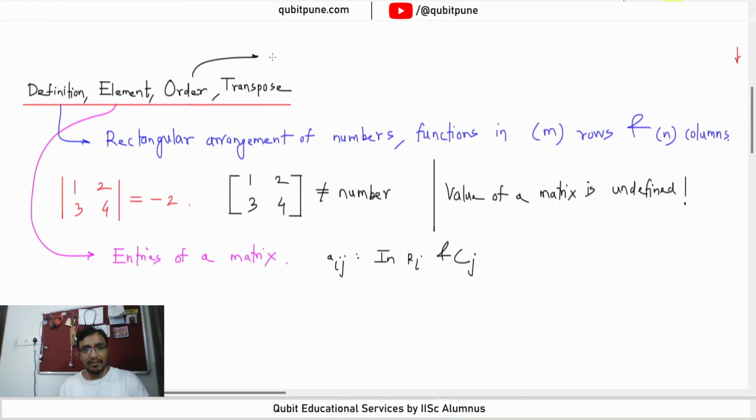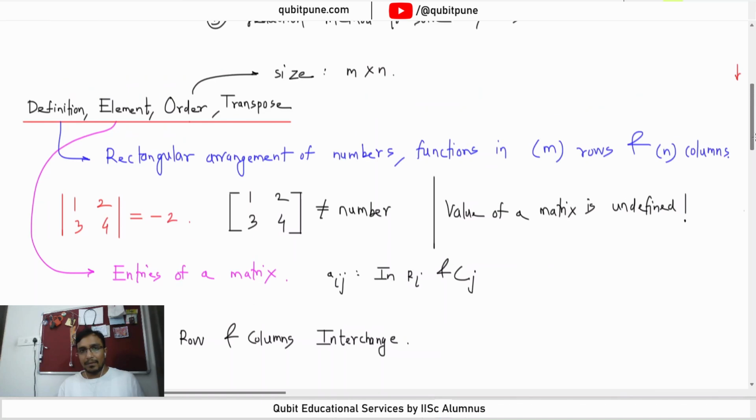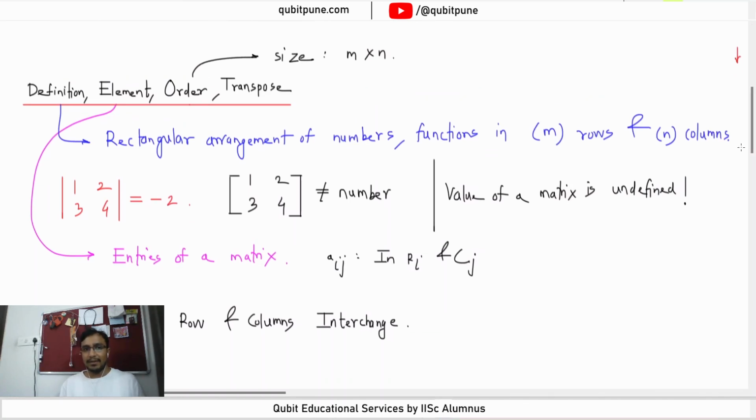Order basically tells us the size. It is usually specified as m by n, where m is the number of rows and n is the number of columns. What is transpose of a matrix? The matrix that we get by interchanging rows and columns. Okay? Up to here everyone knows, no doubts. Definition, element, order, transpose.